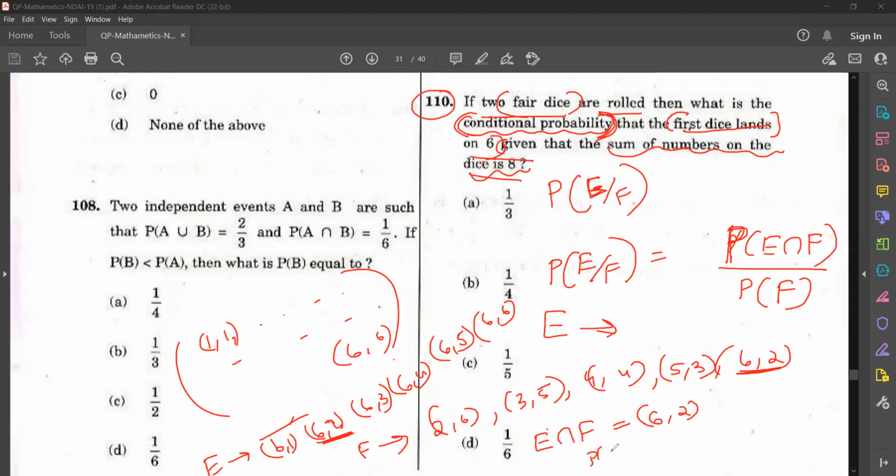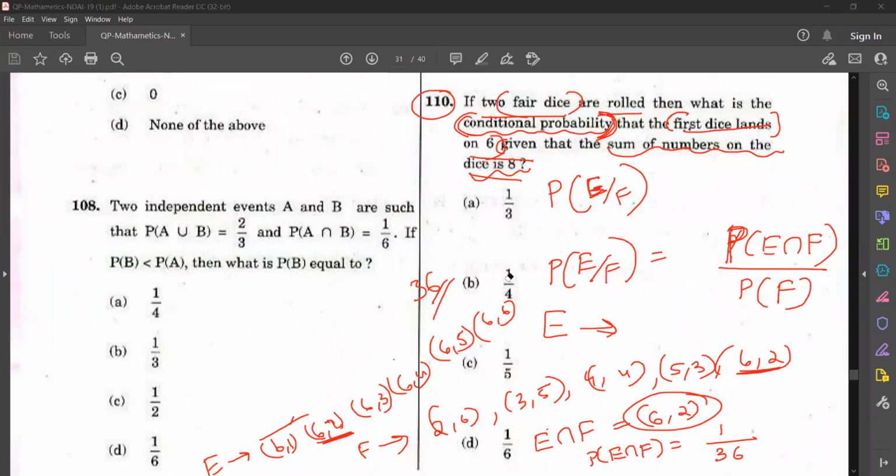What is the probability of E intersection F? There is only one event here, and the number of elements in the sample space is 36. So P of E intersection F is 1 by 36. Now we need P of F. How many outcomes are there in F? 1, 2, 3, 4, 5.